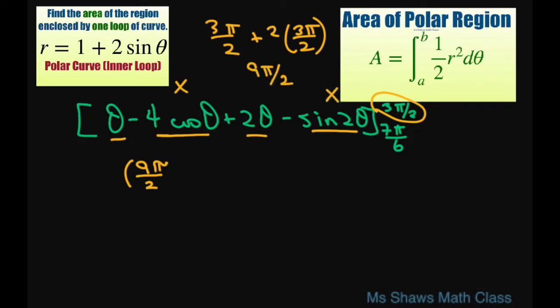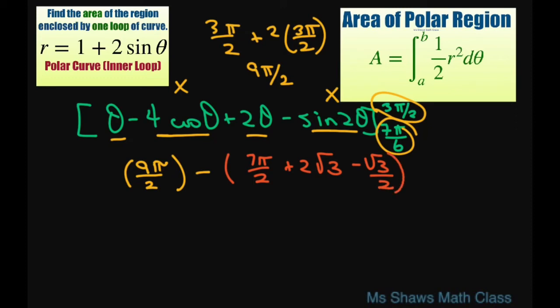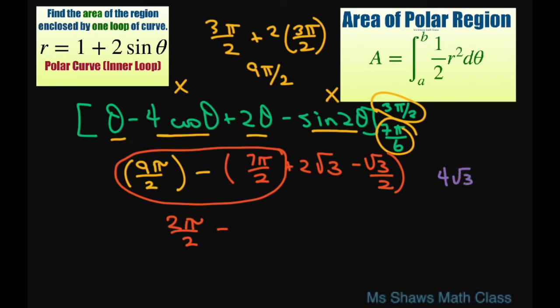All right, so there's that. And then for the 7 pi divided by 6, we're going to get 7 pi divided by 2, and then plus 2 square root of 3 minus square root of 3 divided by 2. Simplifying this is going to give you 2 pi divided by 2 minus, and this part here, I can write as 4 square root of 3 minus square root of 3, all divided by 2.